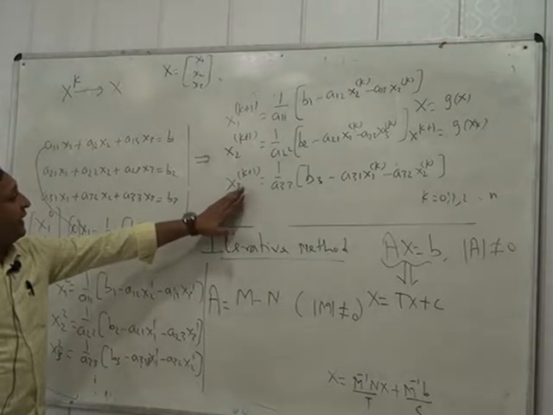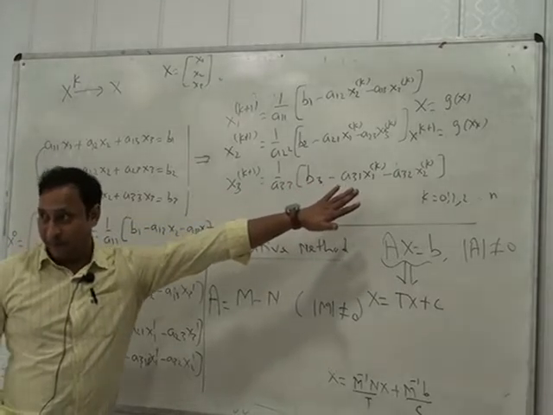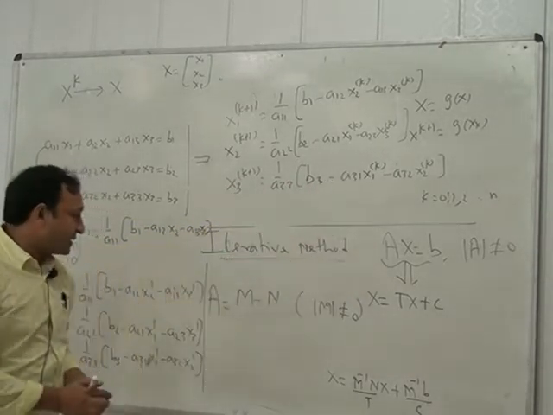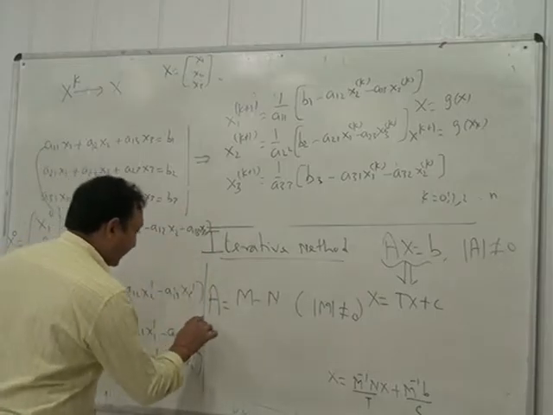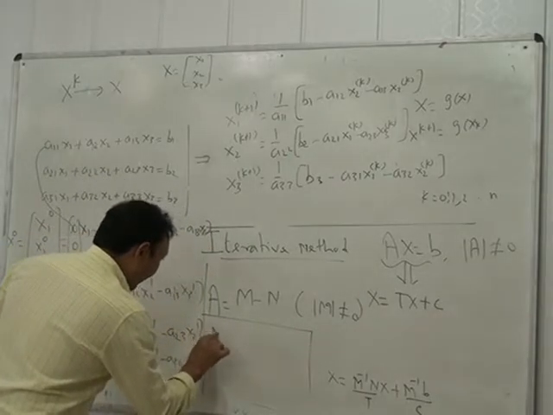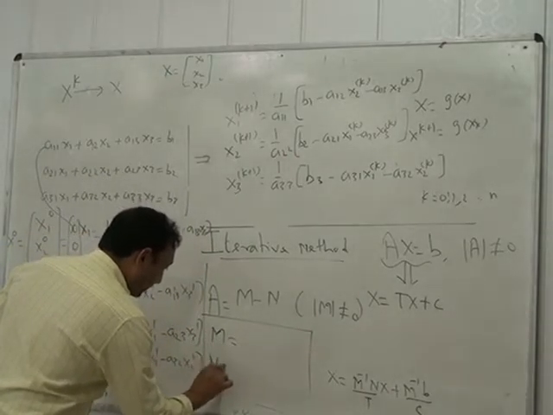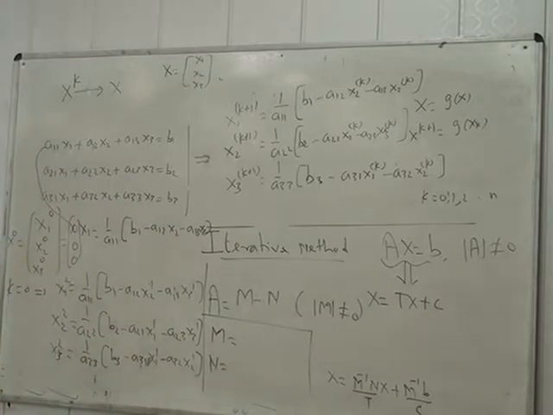Understand, this is my Ax equal to Tx plus c form. Question is, in this case, what is your M and what is your N? You understand my question? Tell me.